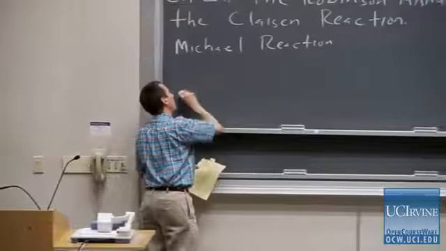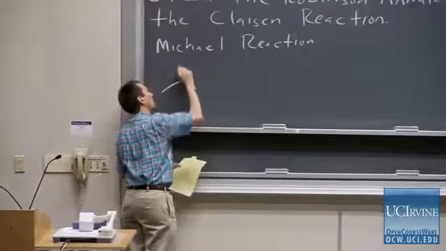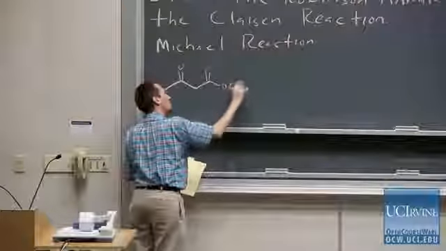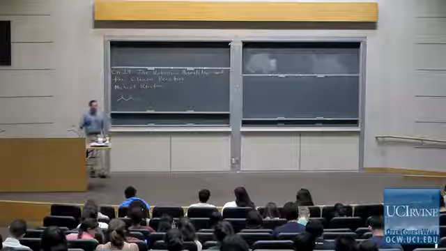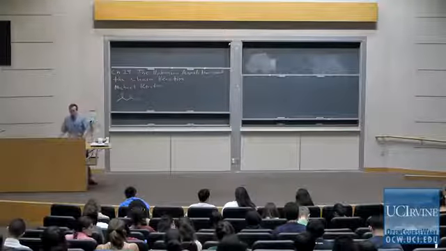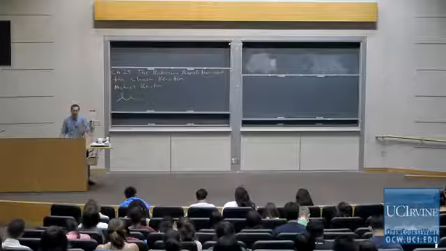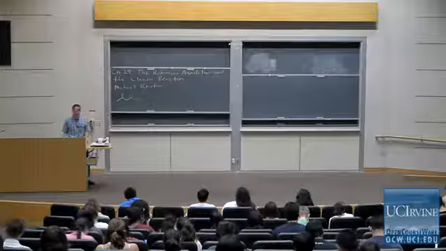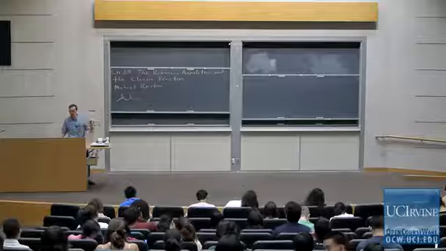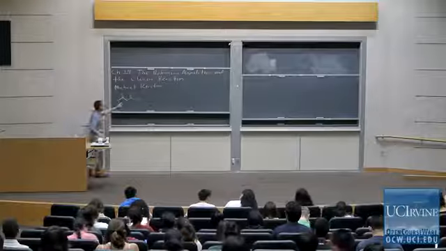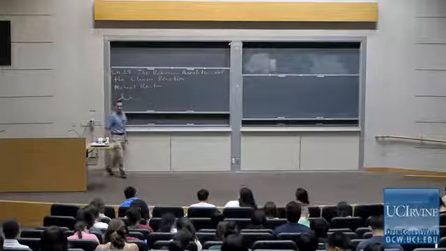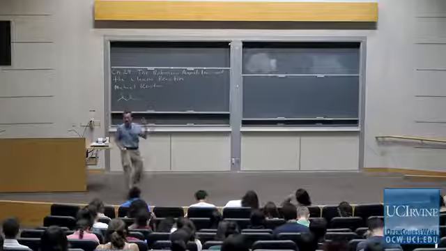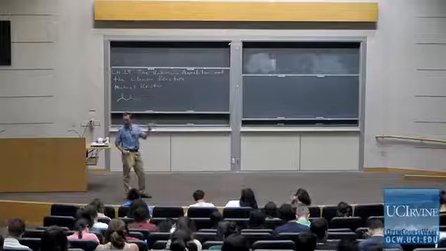In the Michael reaction, one of the examples that we had, we took something that was going to make a nucleophile, not too basic a nucleophile either. I said that typically we're talking about things where the conjugate acid of an enolate is only moderately basic.